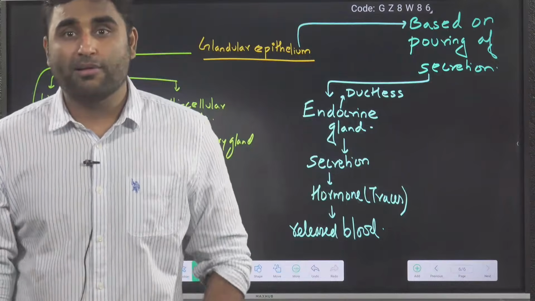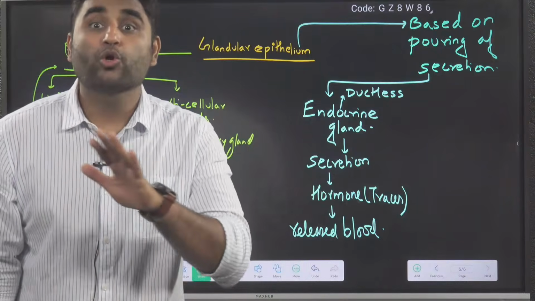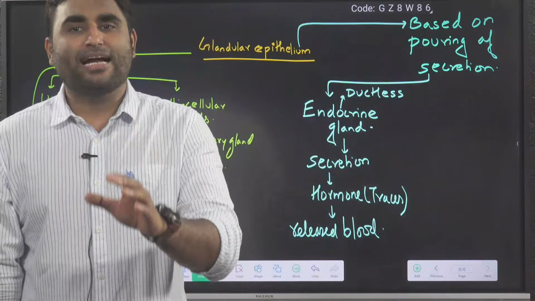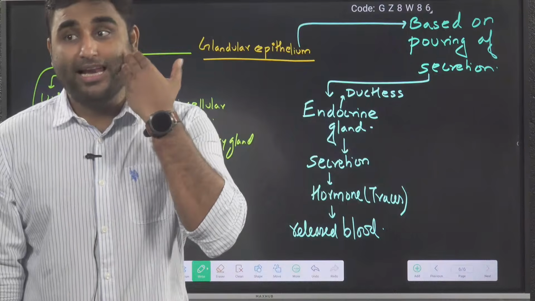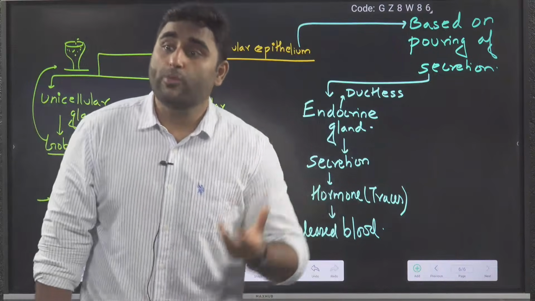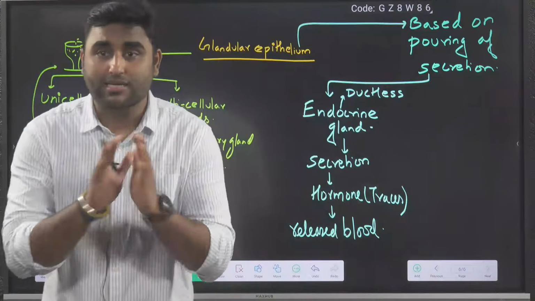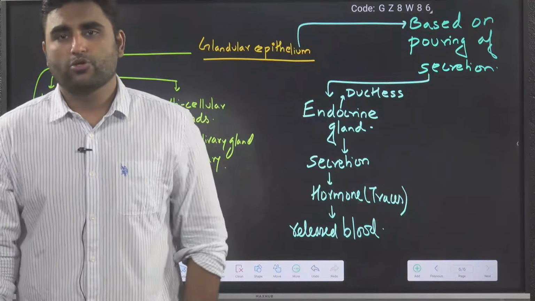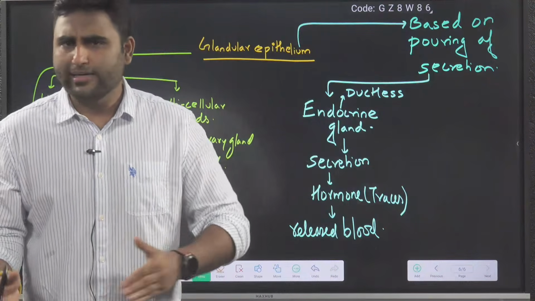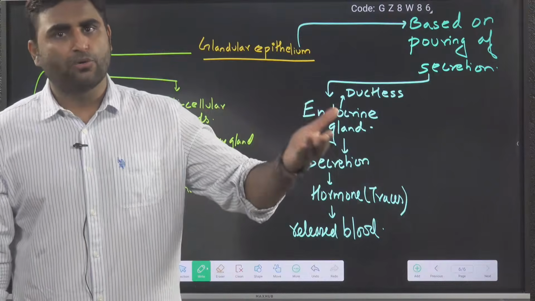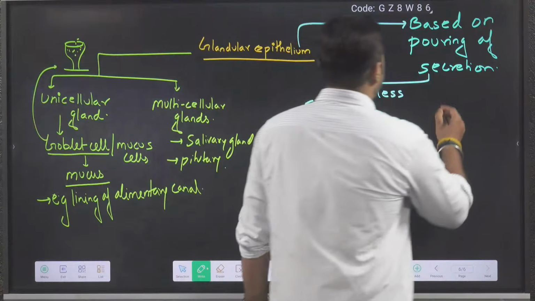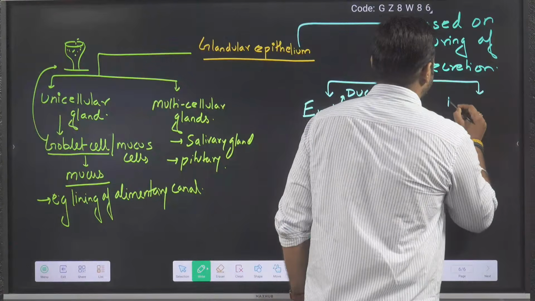Is oil going in blood? All these glands I told you, salivary gland, sebaceous gland, sweat glands, gastric glands, their secretion doesn't go in the blood. So when it doesn't go in the blood, it is outside blood, and it will be called an exocrine gland.